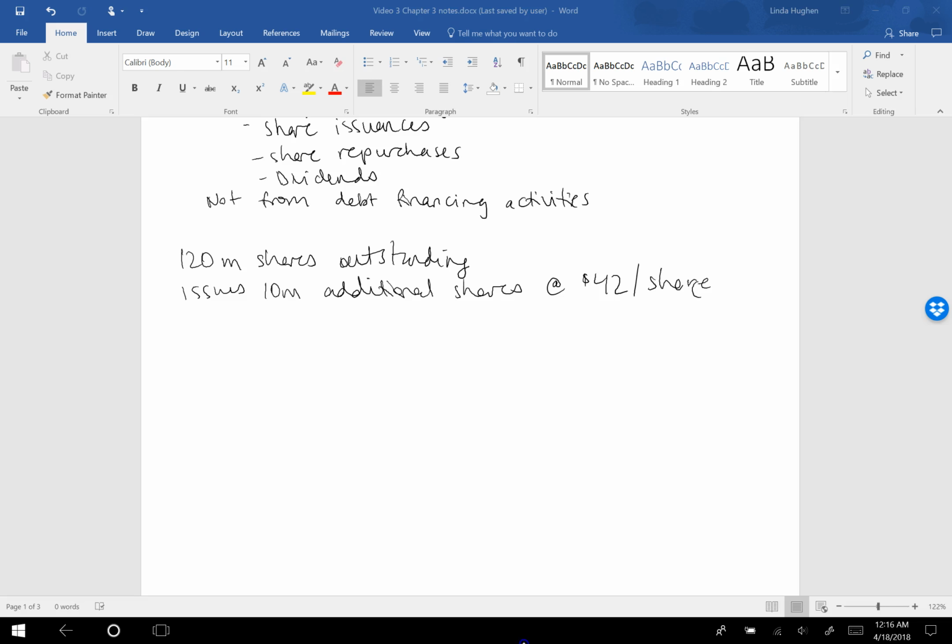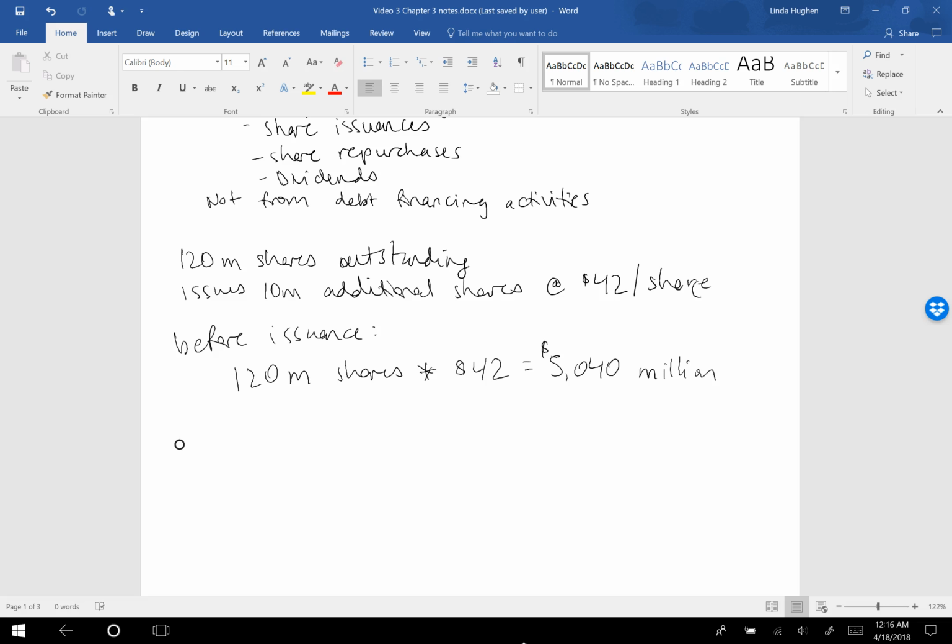What happens to the price per share? Nothing. The firm's market value prior to the offering, so before the issuance, the value of the firm was 120 million shares times market price of $42 per share, or 5040 million.